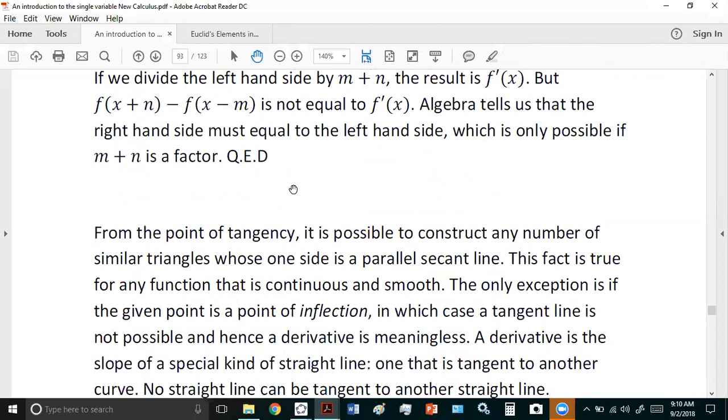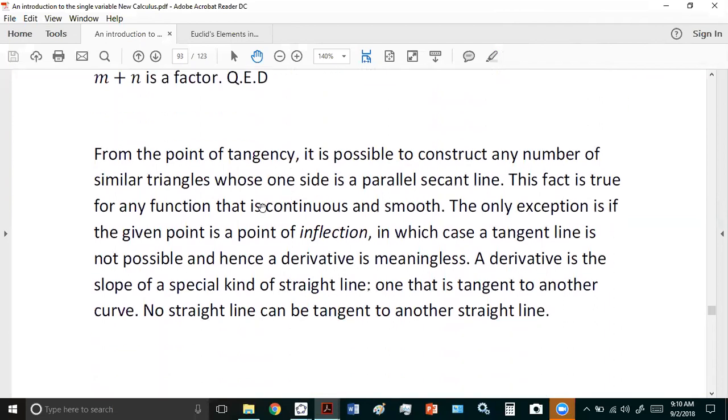Okay, so from the point of tangency, it is possible to construct any number of similar triangles whose one side is a parallel secant line. This fact is true for any function that is continuous and smooth. And by the way, you mainstream morons do make that assumption when you mess around with your bogus derivative, your bogus limit with your derivative definition.